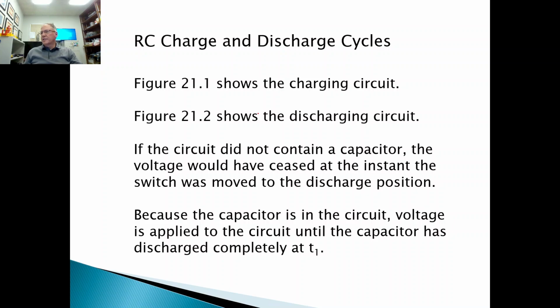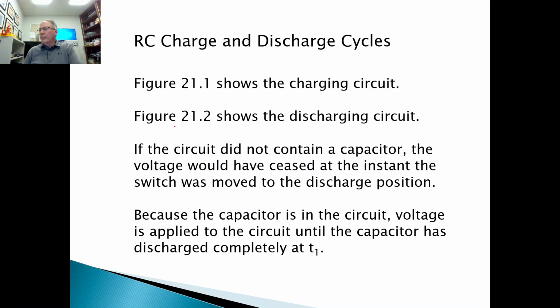Figure 21-1 shows the charging circuit. 21-2 is the discharging circuit. So in that charging circuit, if the circuit didn't contain a capacitor, the voltage would have ceased at the instant the switch was moved to the discharge position. Because the capacitor is in the circuit, voltage is applied to the circuit until the capacitor is discharged completely at T1.